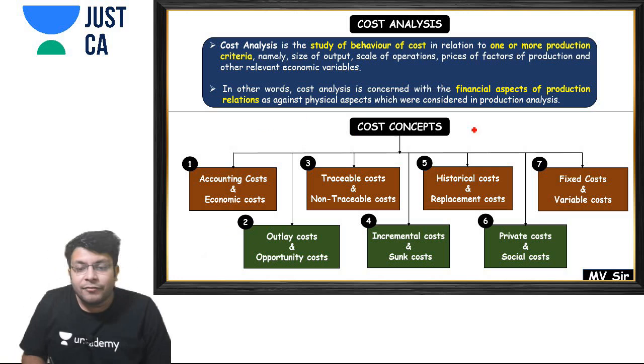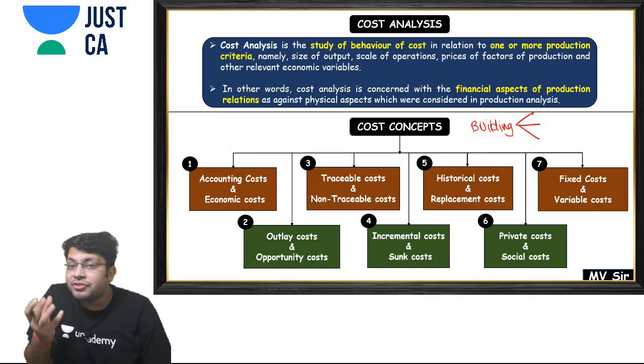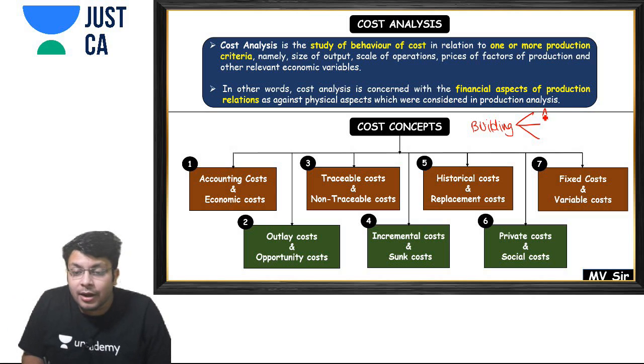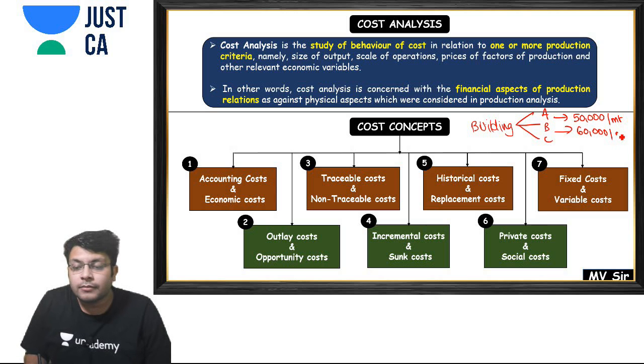So for example, if you have a building and you have the option of giving it on rent, you have three people who want your building on rent: A, B and C. A is offering you 50,000 per month, B is offering you 60,000 per month, and C is offering you 70,000 per month.